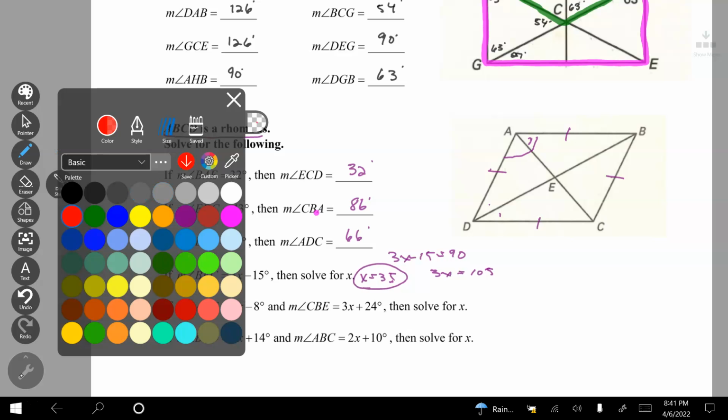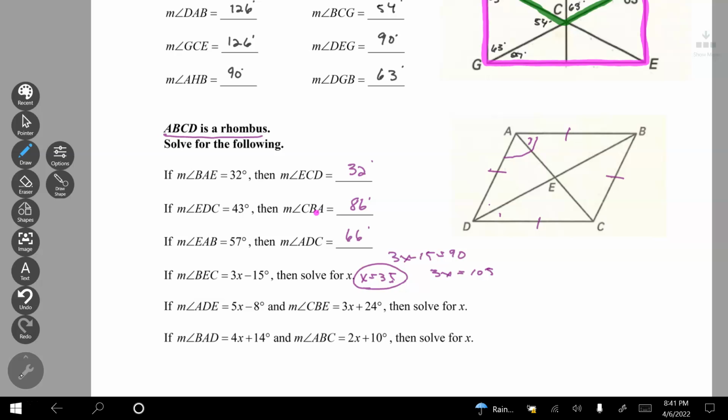We'll choose the color. So angle ADE and CBE, they would be alternate interior angles that have to equal each other. So I'm going to set these equal to each other. And I get x equals 16.